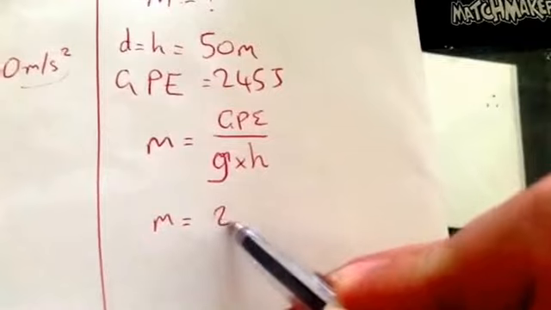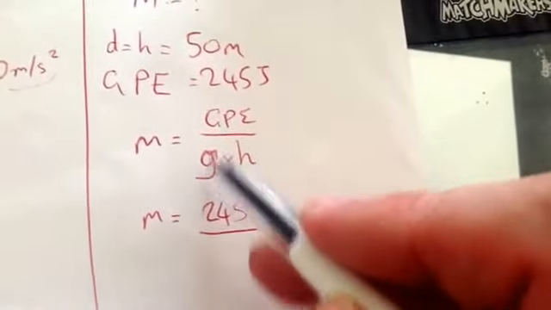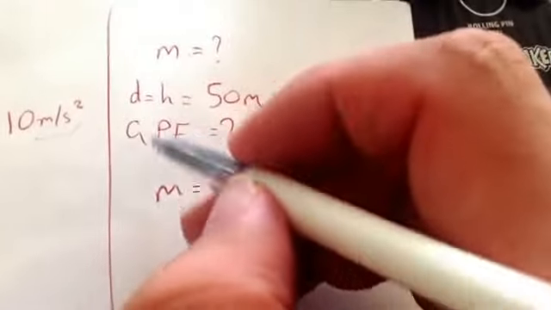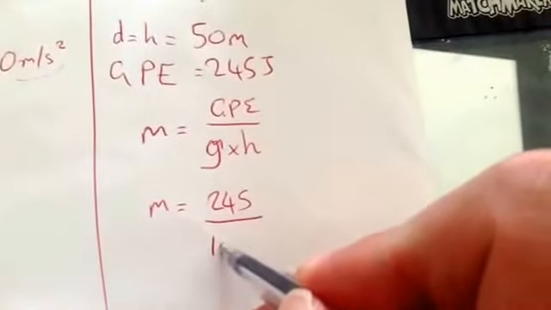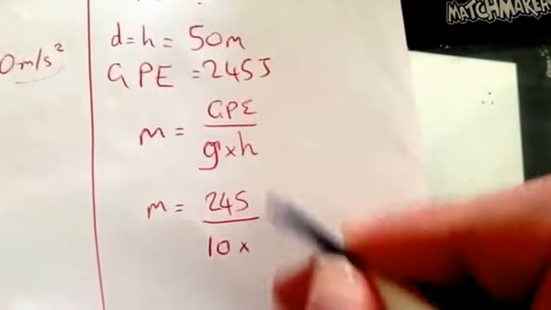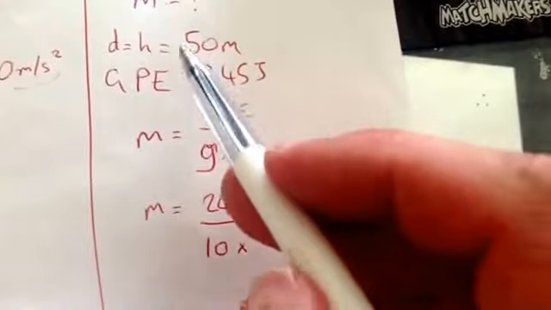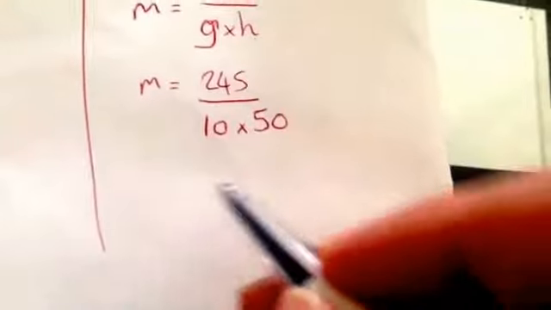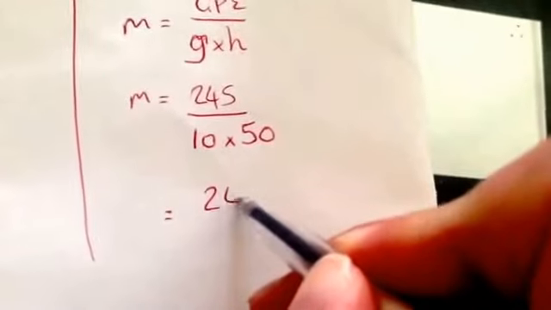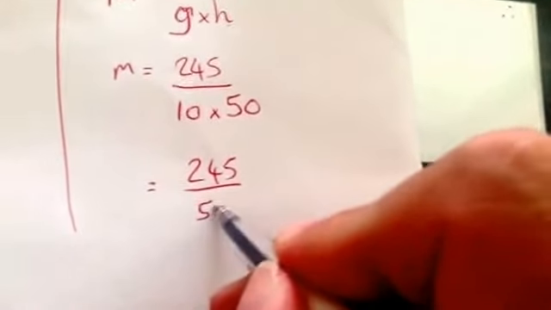GPE is 245 divided by G. We said if we don't have a calculator we can use G as 10. If you have a calculator you can use 9.8. And height 50 meters. So now we have 245 divided by 10 times 50, which is about 500.